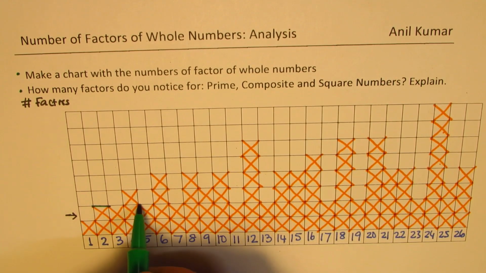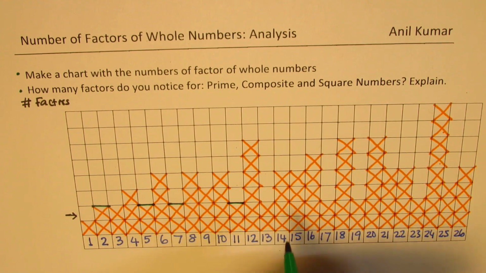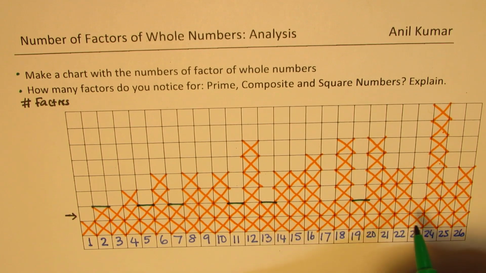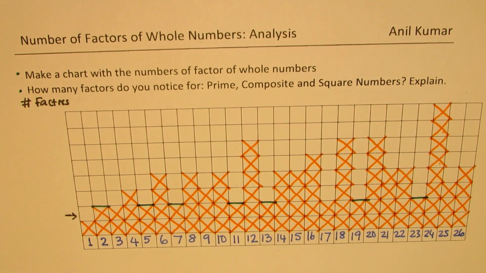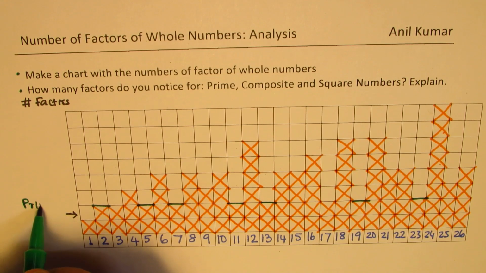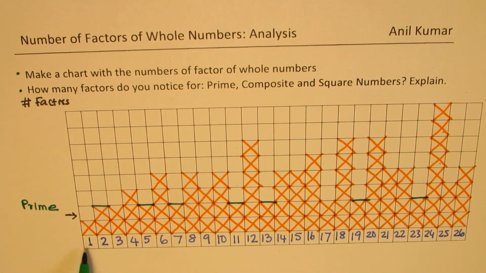That is 2, 5, 7, 11, 13, then we have 19, and from our list 23. So these numbers which have only 2 factors are the prime numbers. Do you see that? So they are all prime numbers. Prime numbers always have 2 factors, the number itself and 1. Perfect. 1 is the only number which has only 1 factor.